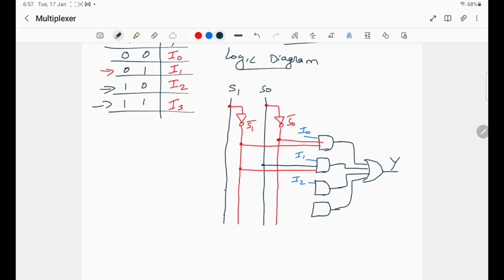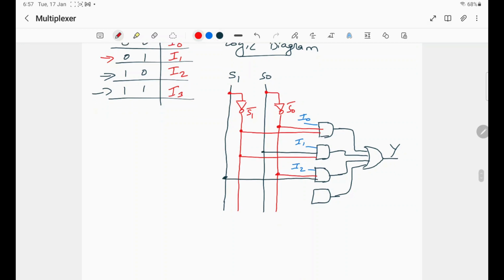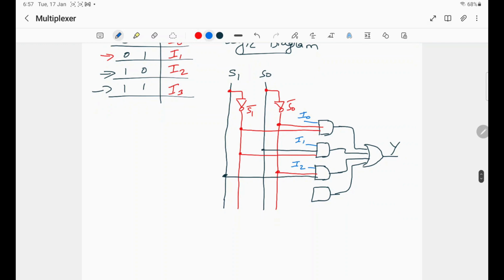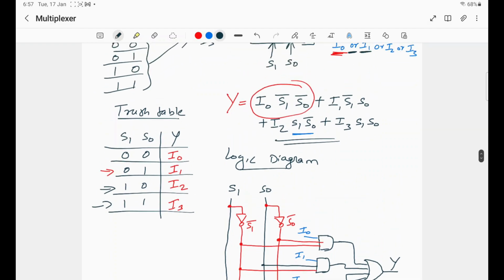So this is S1 and we have S0 bar. And in the final AND gate, you have I3 and both S1 and S0. So this is the logic diagram for the 4 by 1 multiplexer.